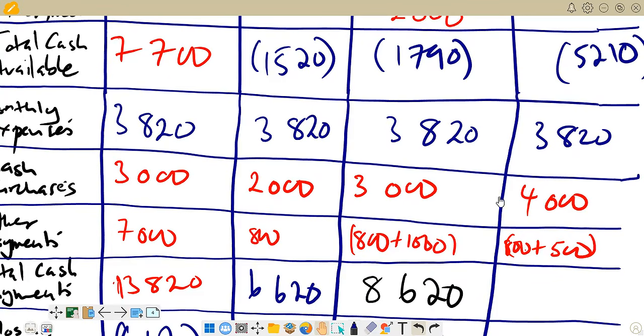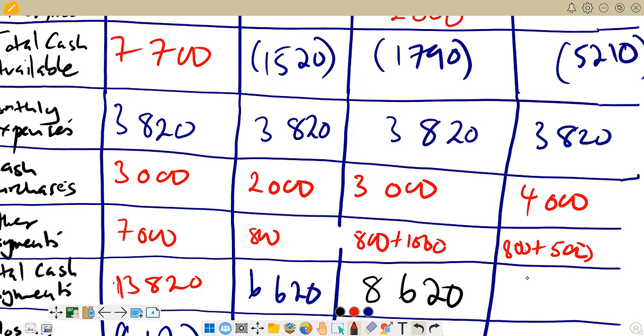So we can just remove them so that they don't confuse us. Just put 800 plus 1,000, and here also remember we've got 800 and we also have 500. Then we are saying 3,820 plus 4,000 plus 800 plus 500.